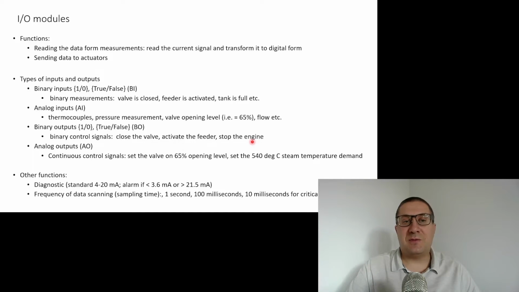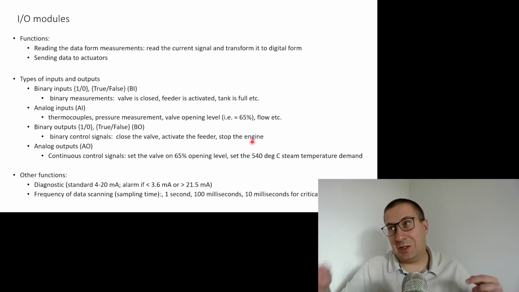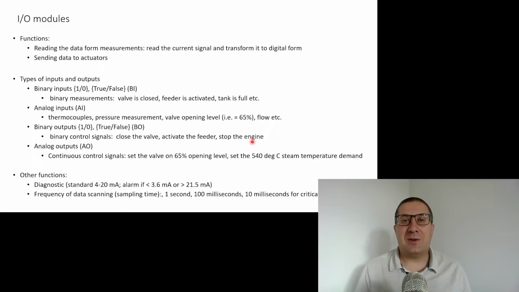They are responsible for reading the data from those measurements, from those sensors. In the input-output module, we can transform the current signal into digital form, and in the reverse way, we can also transform the digital information into the current or voltage signal that will be passed to the actuator.